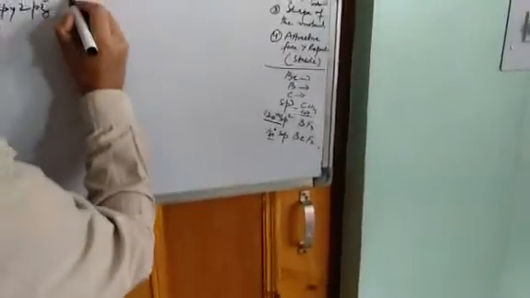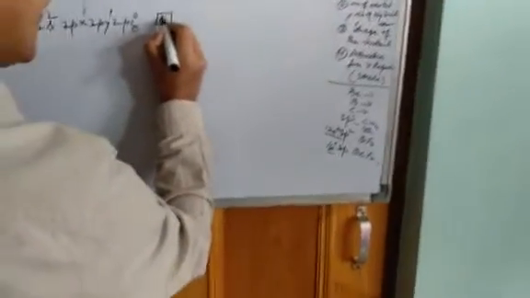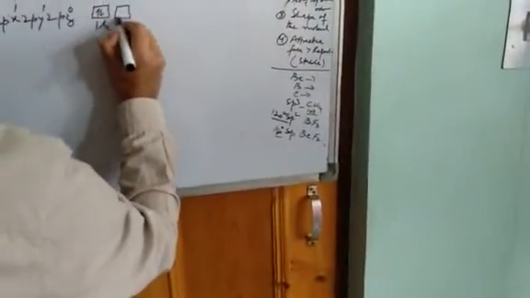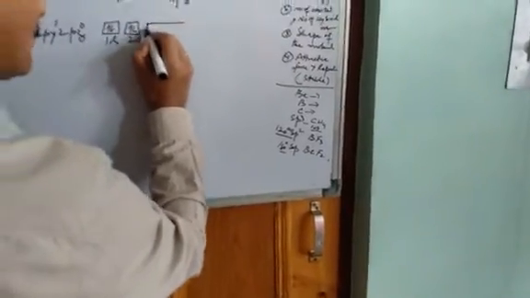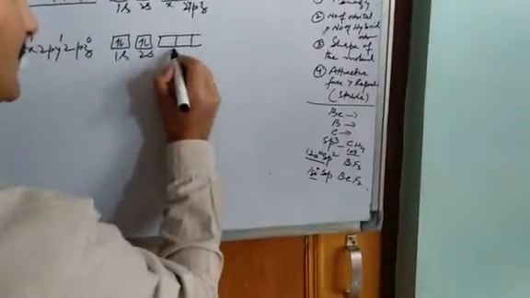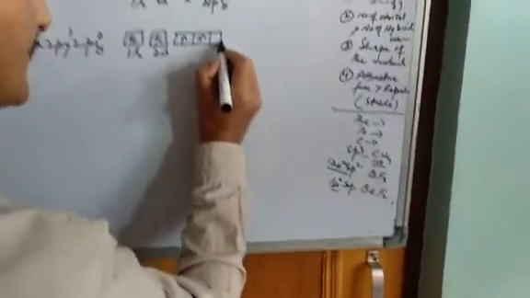And in case of carbon, we can write its electronic configuration like this: 1s2, 2s2, 2px1, 2py1 and Z will remain vacant.